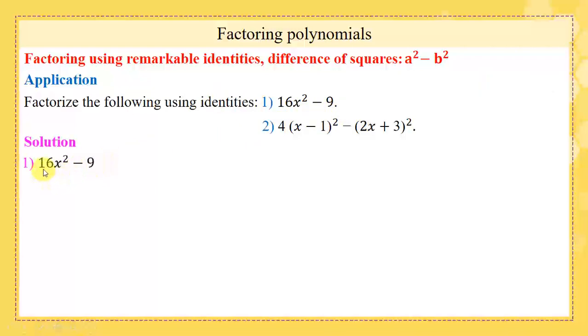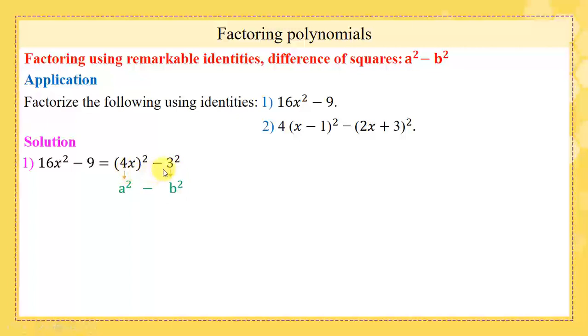Solution: for part 1 we have 16x squared minus 9, which is a binomial. Since 16 can be written as 4 squared, 16x squared equals 4x squared, which is a squared, so 4x is a. 9 can be written as 3 squared, so 9 equals b squared, and 3 equals b.